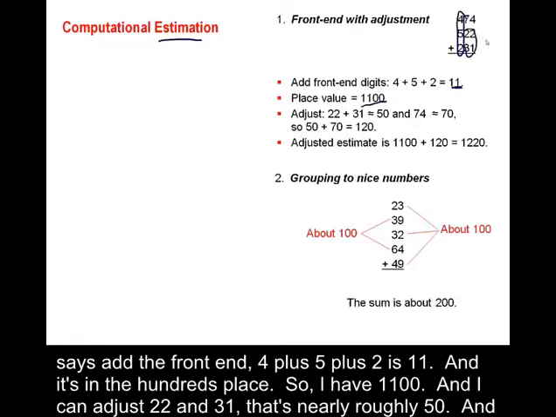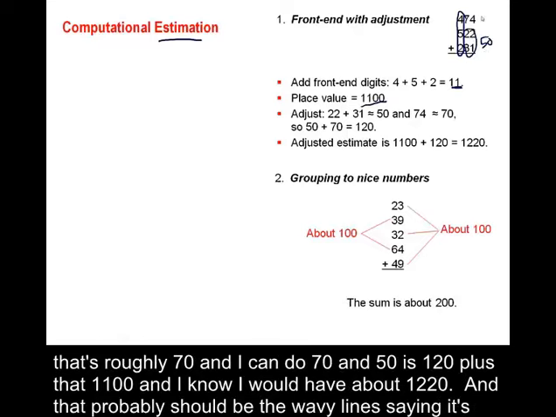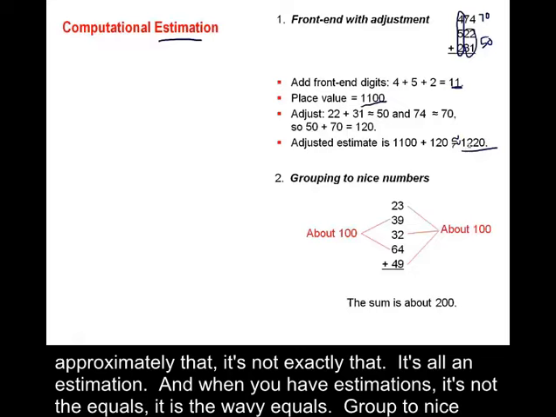That's roughly 50, and that's roughly 70, and I can do 70 and 50 is 120, plus that 1100, and I know I would have about 1220 there, and that probably should be the wavy line saying it's approximately that. It's not exactly that. It's all an estimation. And when you have estimations, it's not the equals, it's the wavy equals.